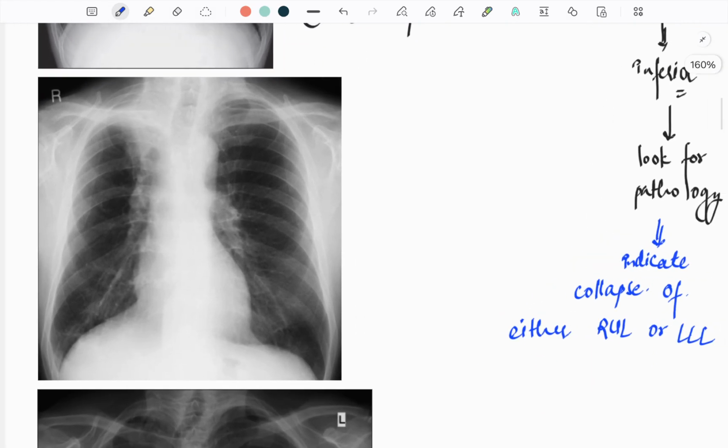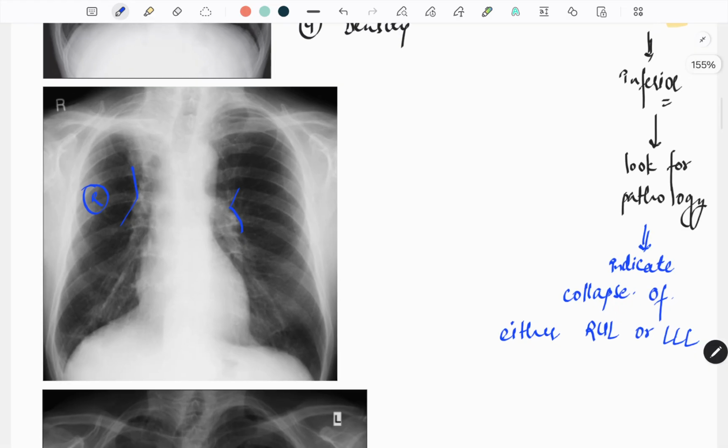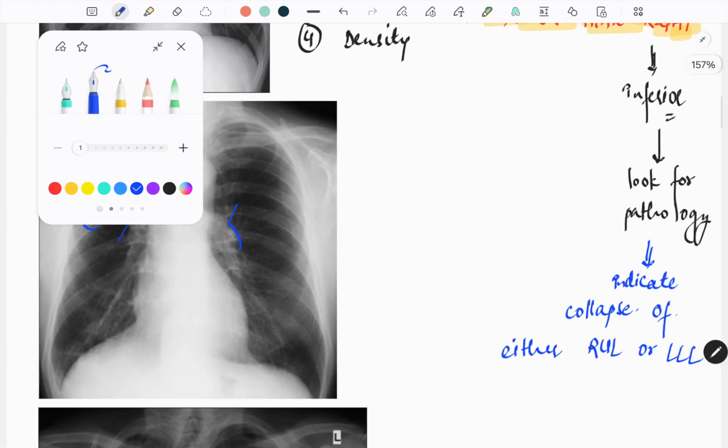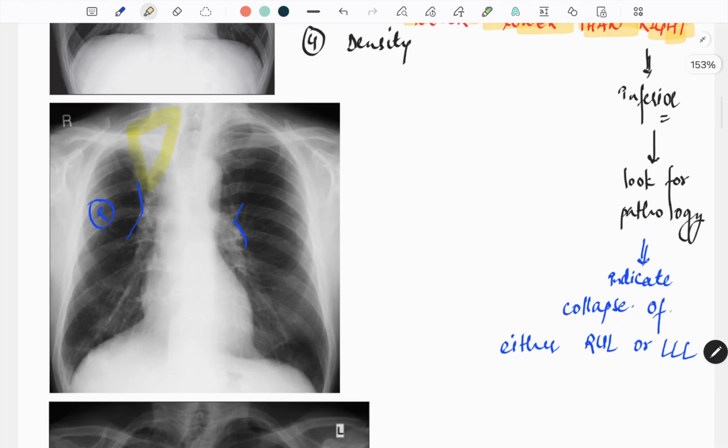So we'll see this X-ray. This is the left hilar V point and this is the right hilar V point. The right side hilar V point is superior here. This is abnormal. And we could also see the opacity overlying this right upper chest.